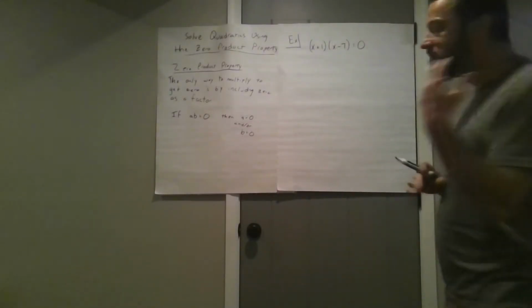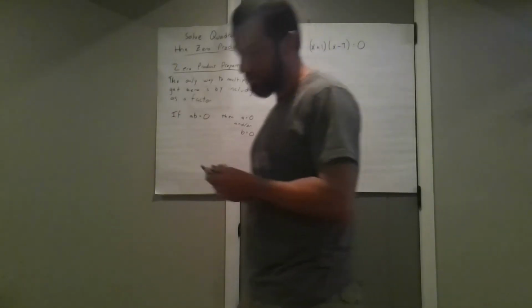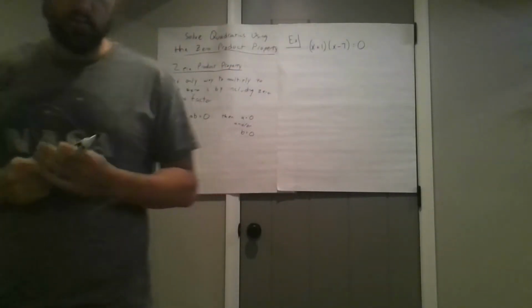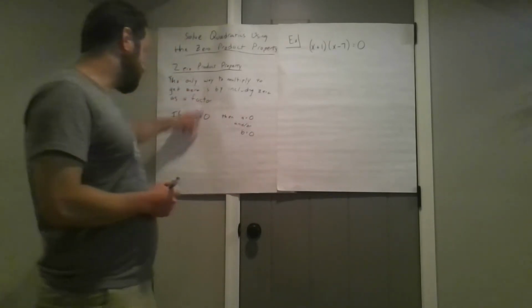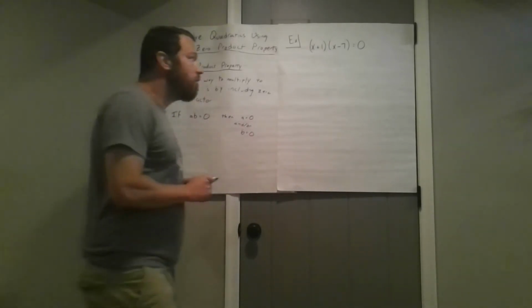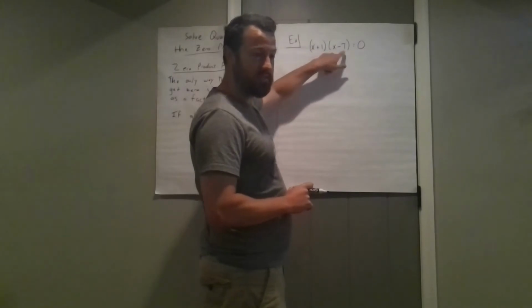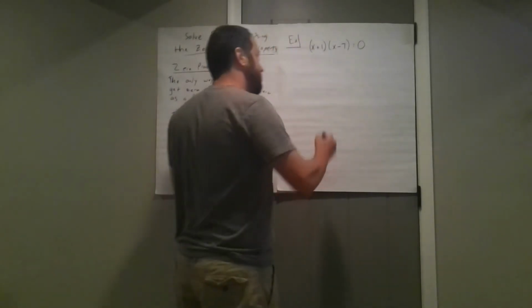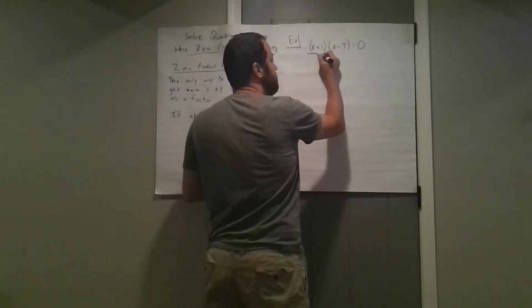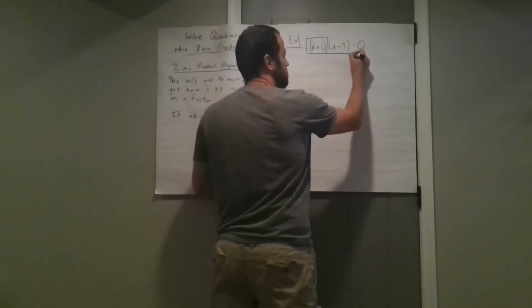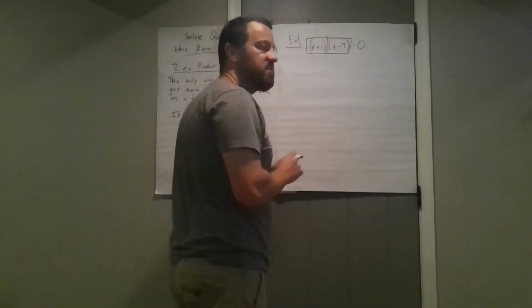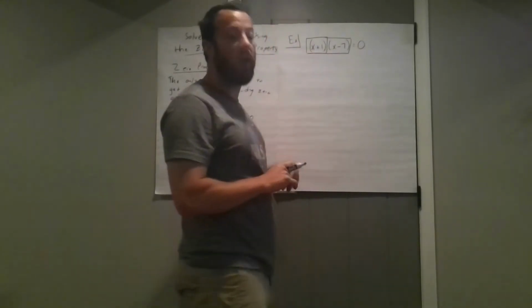Okay, I am multiplying two things to get 0. So, by the zero product property, at least one of these things needs to be 0 in order for this to be true. The two things I'm multiplying are x plus 1 and x minus 7. These are our two factors.